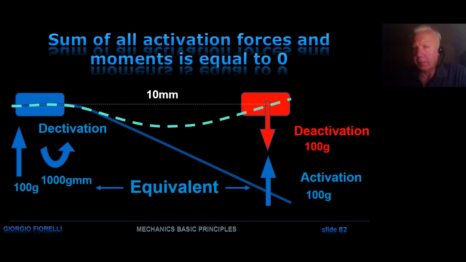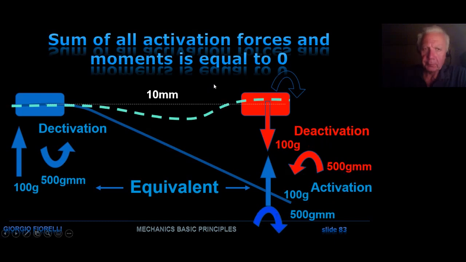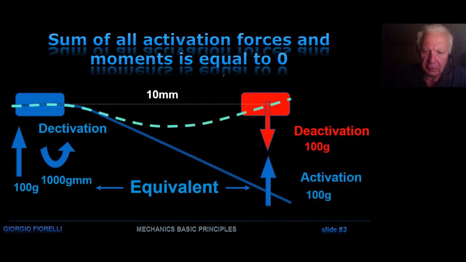So when we were talking about the statically determined mechanics, that could be represented with this diagram, we have a wire which is engaged in this bracket and has a passive shape, which is this here, and we apply a force to make the wire reach the red bracket here.